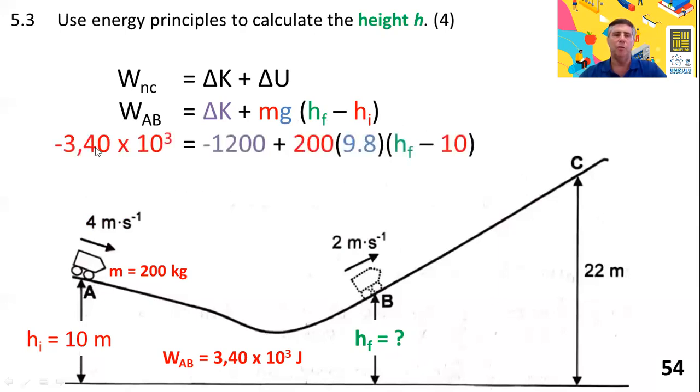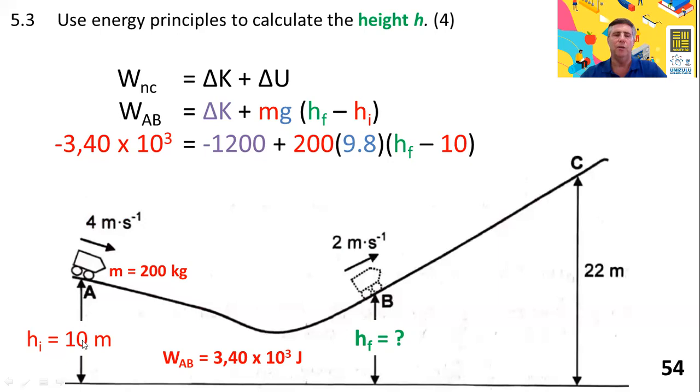Filling in the numbers, minus 3.4 times 10 to the 3 joules that we get there. Because it was done to overcome friction, it's a negative amount of work. Change in kinetic energy we calculated in 5.2 was minus 1,200 joules. The mass times gravity. Final height is unknown. That's what's required.